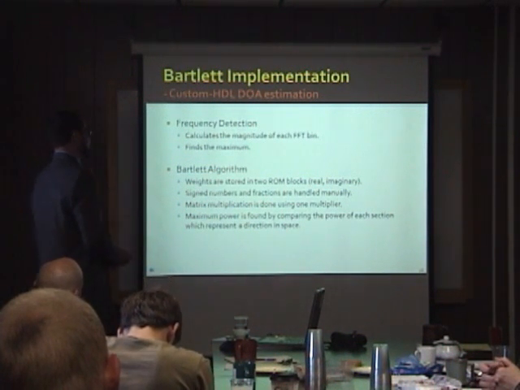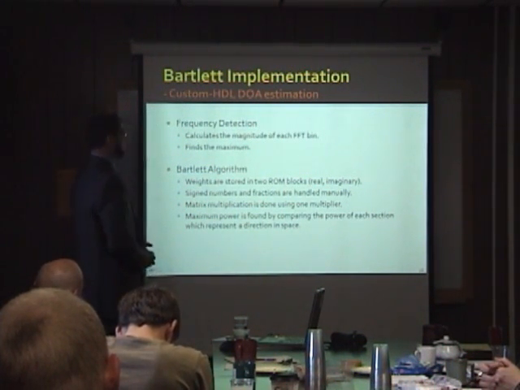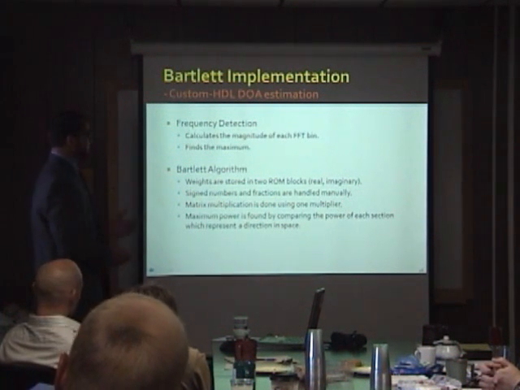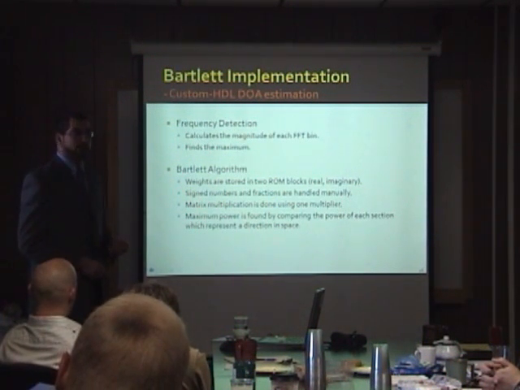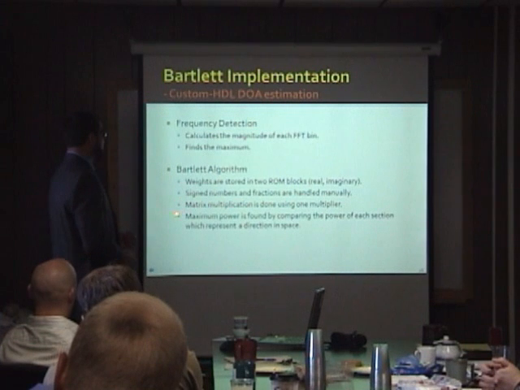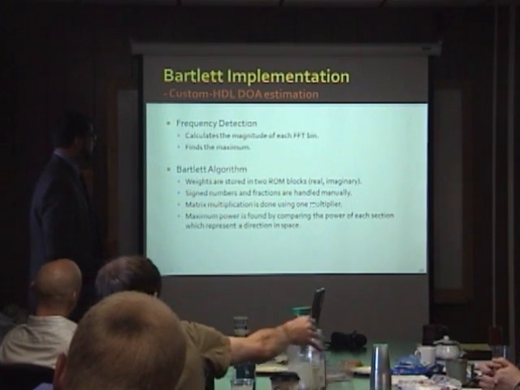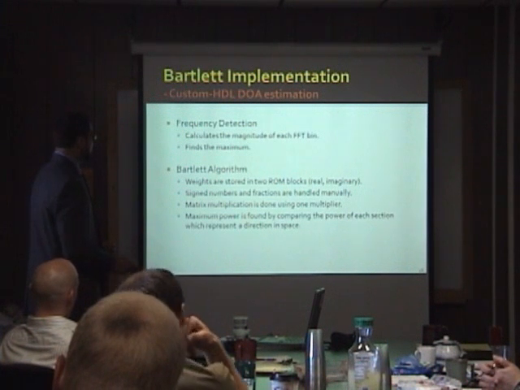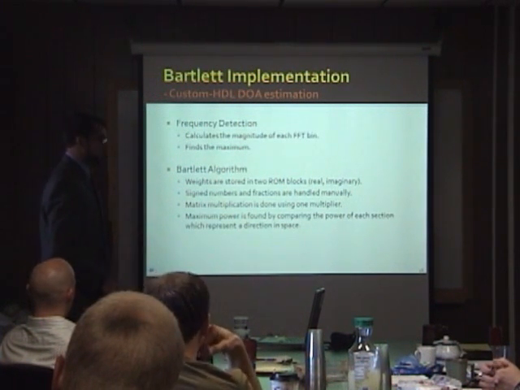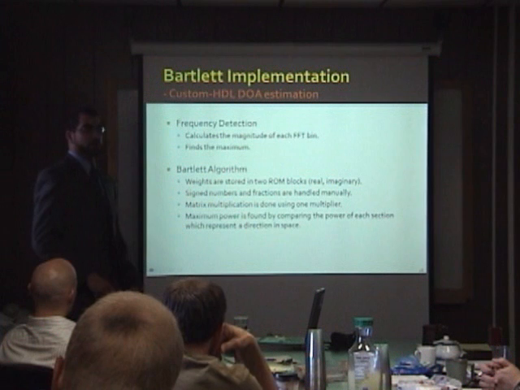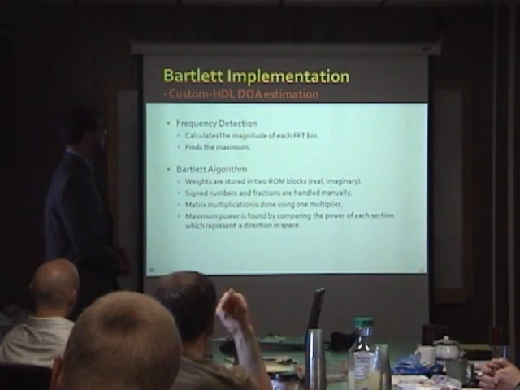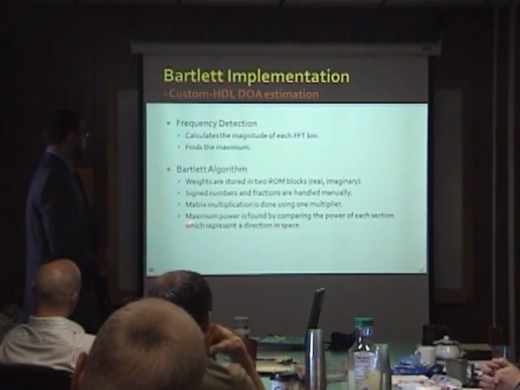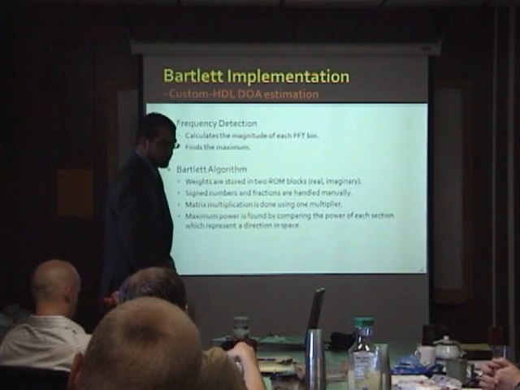So it's not high resolution, but it performs quickly, and it's only to verify the functionality of the system. We use matrix multiplication using one multiplier and cycle data through that. And the maximum power, which tells us the estimated direction of arrival, is found by comparison.